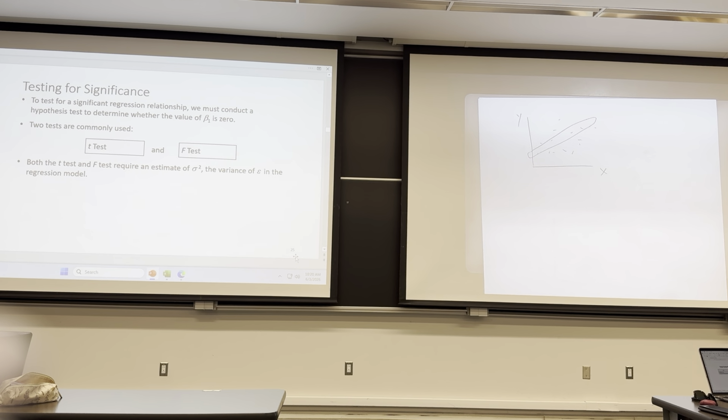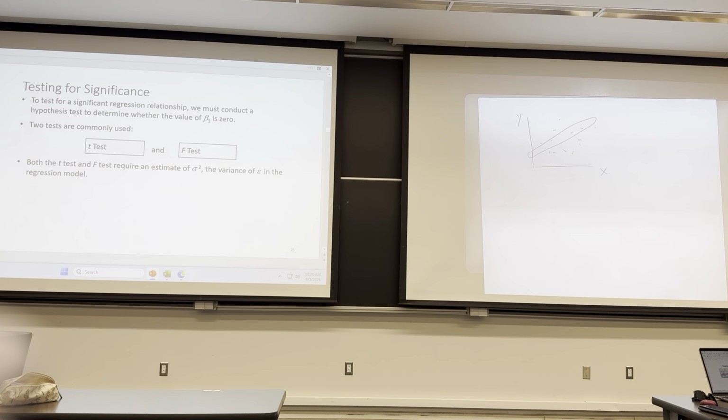To test for a significant regression relationship, we must conduct a hypothesis test to determine whether the value of beta 1 is 0. Remember that a small b is sample slope. This beta is population slope, okay? So we found that in our sample data, there is a relationship between commercials and car sales. Is there a relationship in our population also? And the relationship means that the beta is not equal to 0.